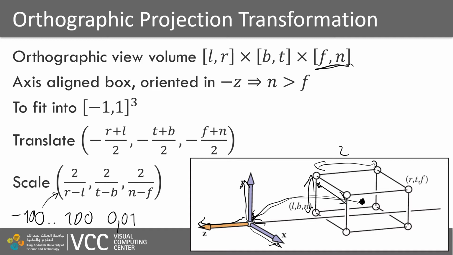So you can see how the scaling factors are now scaling our box into these normalized device coordinates. After performing these two transformations, we will have our view volume transformed into the canonical view volume, so that all the coordinates will now be scaled into the range -1, 1, and we can perform the viewport transformation, which we have already discussed.